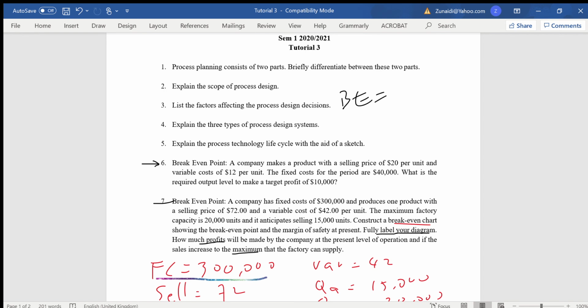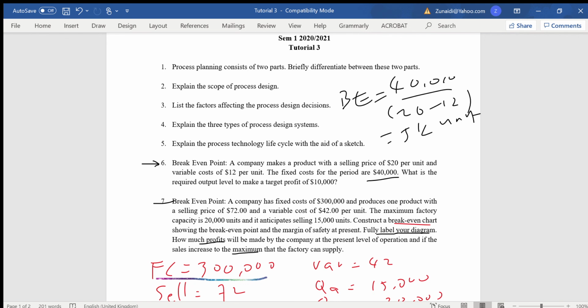The fixed cost here is 40,000, divided by the selling price minus variable cost, 20 minus 12. So you can get the break even around 5,000 unit. That is break even.